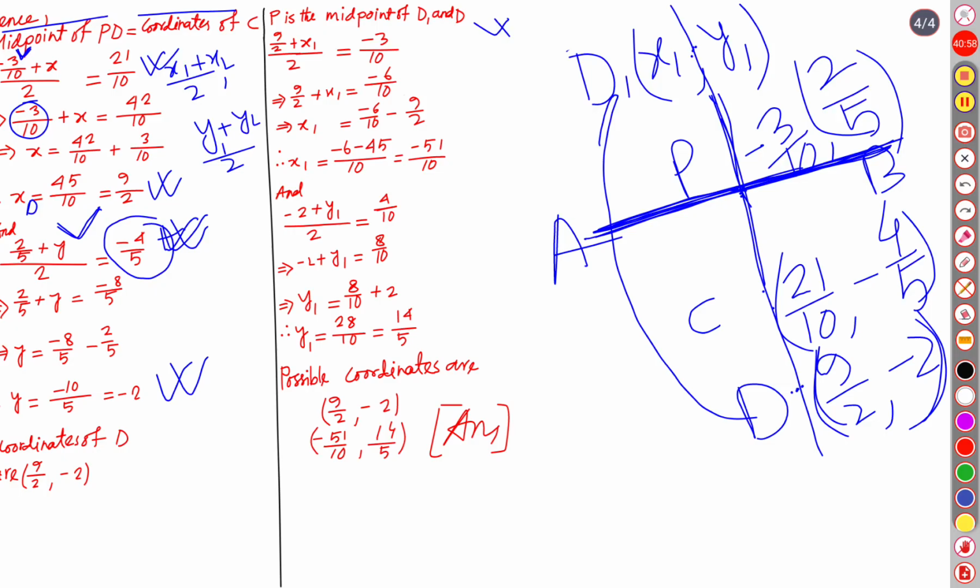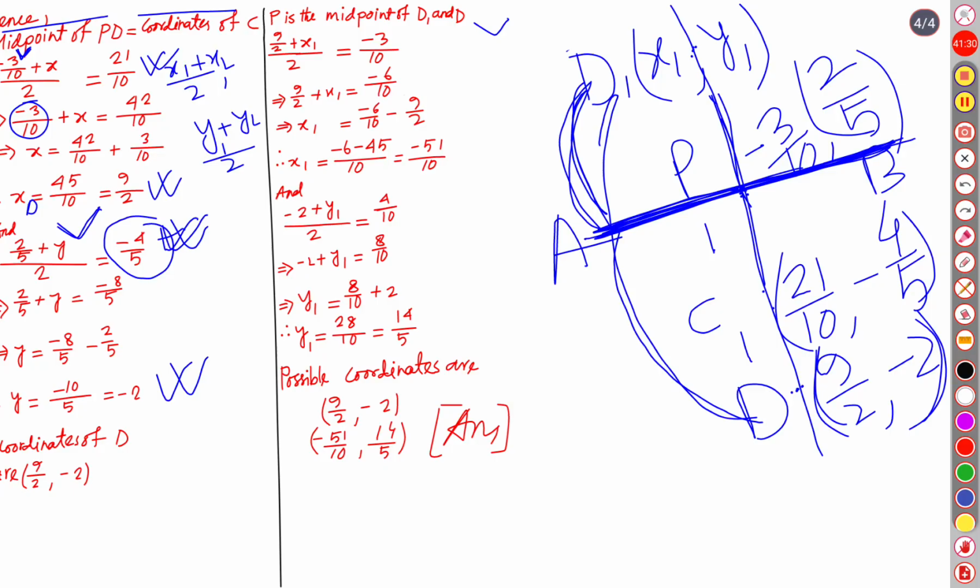PD is 1 unit, 1 unit, 2 units, and they told us that the distance between PC and PD is double. So this PD is double at the lower part, so the upper part is also double, isn't it? And as P is the midpoint, definitely PD and PD1 will be equal. That means P is the midpoint of D1 and D.